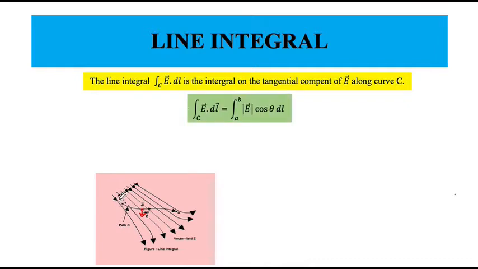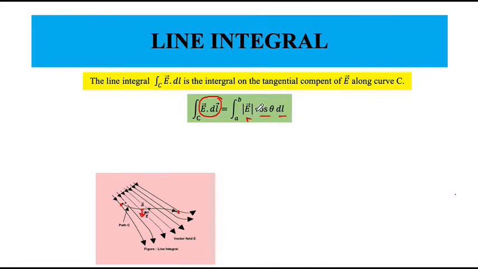We defined it from A to B, I am just pointing it from A to B, and it is the magnitude of E cos theta dl. We have seen that the dot product of two vectors is given by magnitude times cos theta.